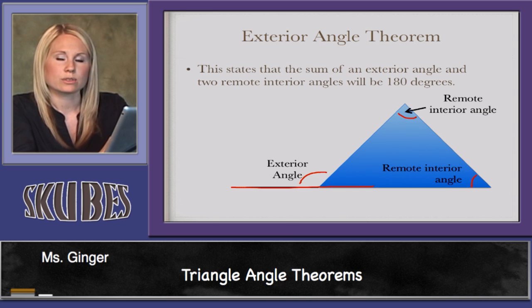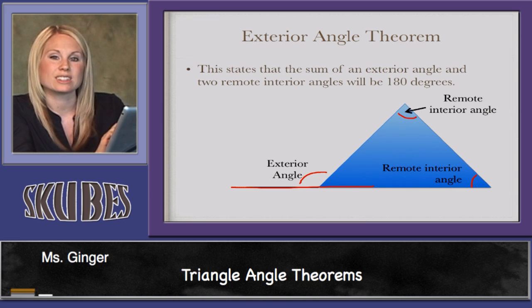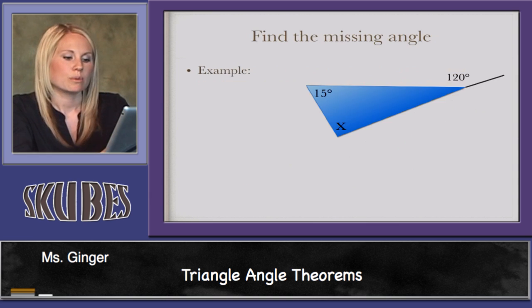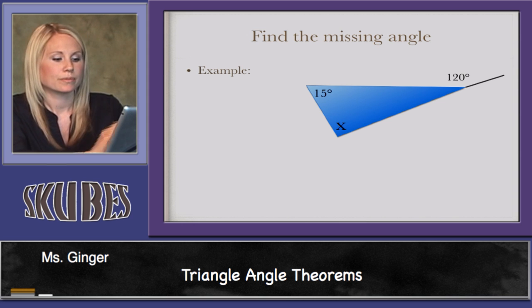That's because those are the angles that are inside the triangle, but they are not attached to this exterior angle portion out here, so they are remote to that angle. So we've got an exterior angle seen and two remote interior angles to that angle. And the exterior angle theorem, remember, states that all three of those pieces also must add up to 180.